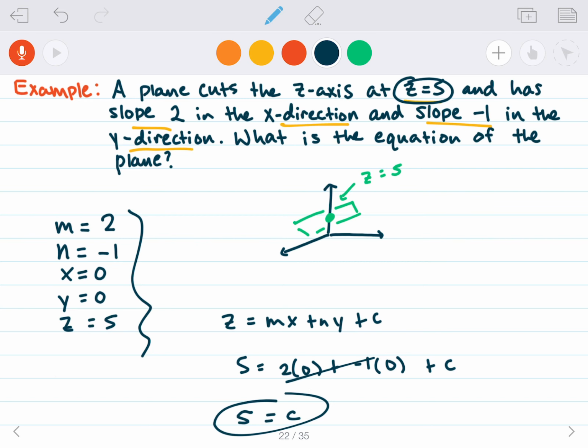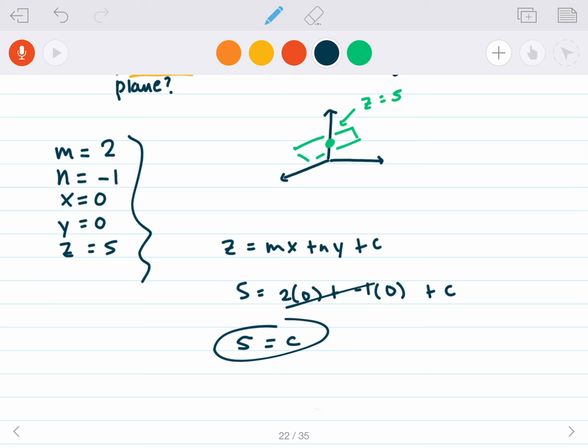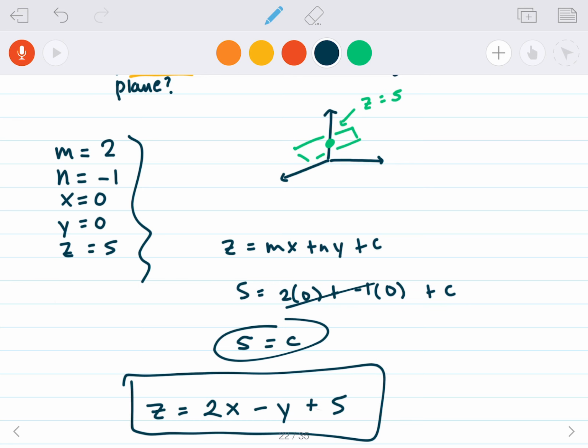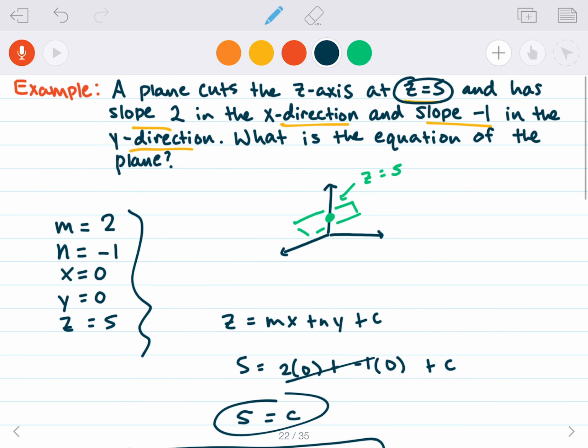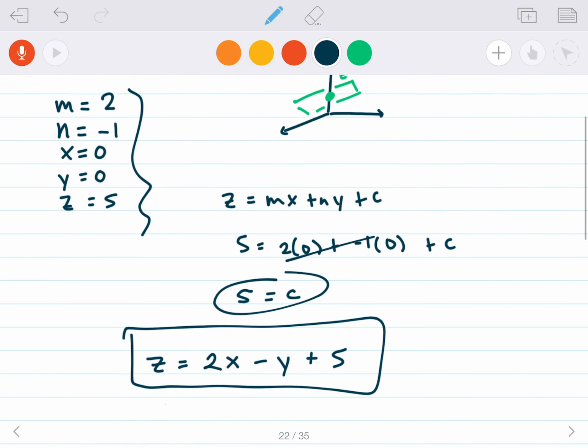So our equation is going to be z equals 2x minus 1 times y plus 5. And this is going to be our equation. It's going to cut the z-axis at z equals 5. It's going to have a slope of 2 in the x direction and a slope of negative 1 in the y direction. So let's take a look at what that looks like in GeoGebra.